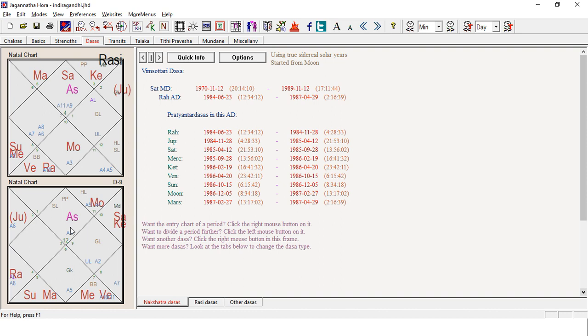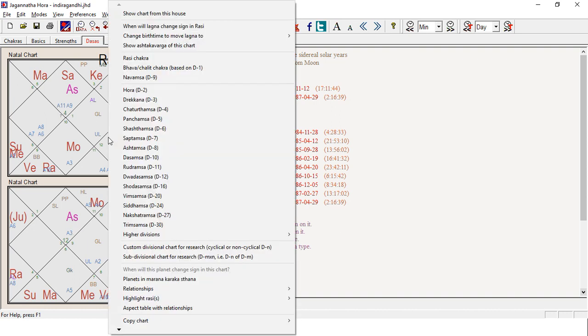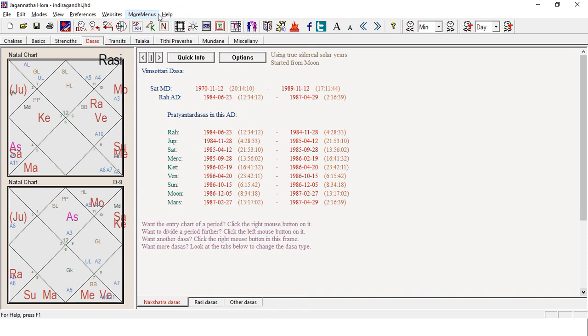So we make the ascendant of the D1 chart Pisces and examine it for the permanent potential of the chart. As you can see, the Lagna Lord is in the 3rd house, and the 3rd Lord and the 8th Lord are in the 10th house.